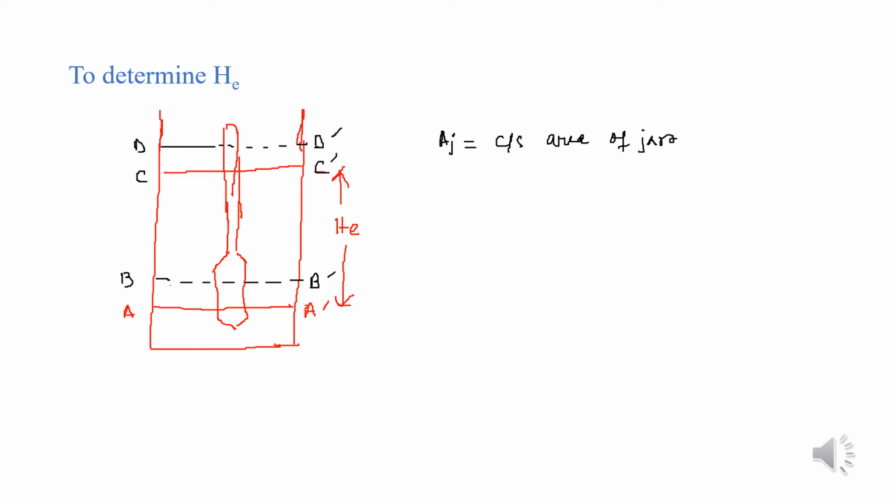Now we see that as the water level has risen from AA dash to BB dash, only half of the volume of the hydrometer is responsible for it, right? So we consider here only half of the volume of the hydrometer. So what we can write?